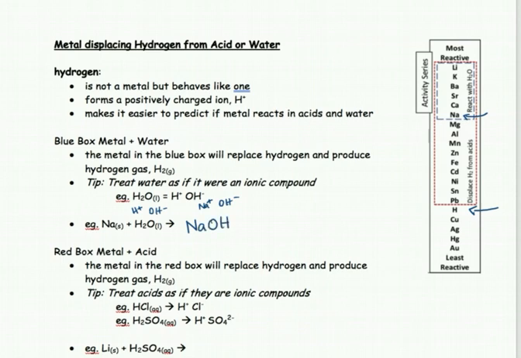So sodium's going to come in and knock out the hydrogen and grab onto the OH and make sodium hydroxide. Then the hydrogen gets booted out, and hydrogen's a diatomic, so write it as H2. So sodium comes in, displaces the hydrogen, and creates hydrogen gas with sodium hydroxide.